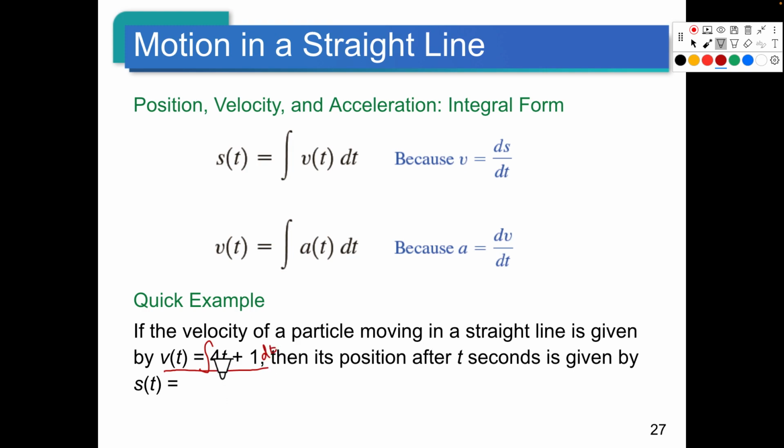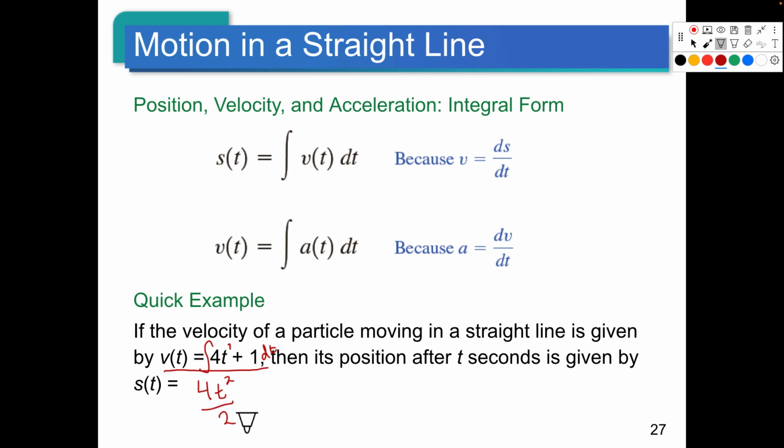That's all we're going to do. What's the integral of 4t? It's got an exponent of 1. We add 1 to that. It's going to be 4t squared divided by 2. And you'll notice when I do these, I keep the 4 there as a constant multiple, divided by 2.